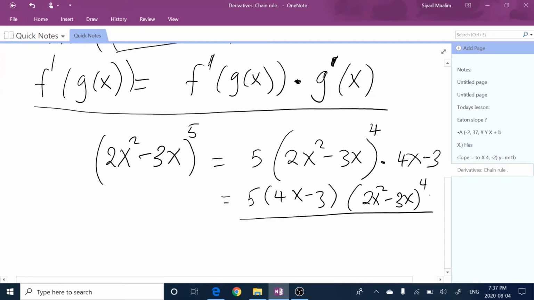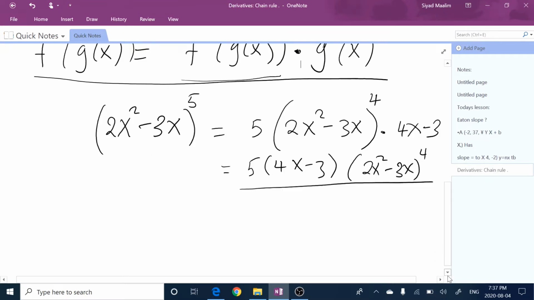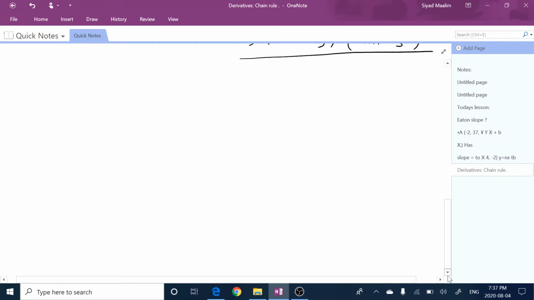So in general, you use a combination of the power rule, but keeping in mind this formula: you first take the derivative of the outer function, keep whatever is inside the bracket the same, multiplied by the derivative of the inner function. Okay, let's do one more example to make this very clear.